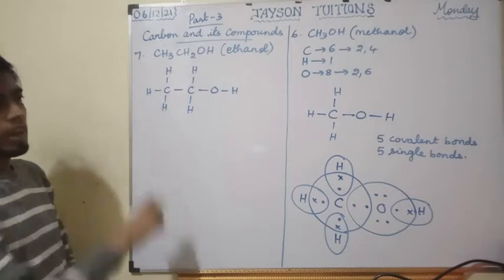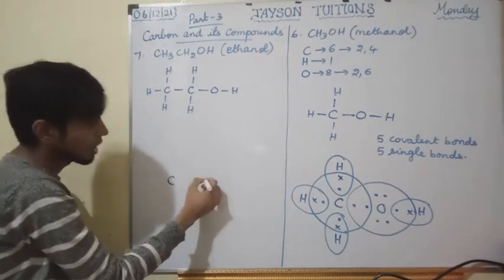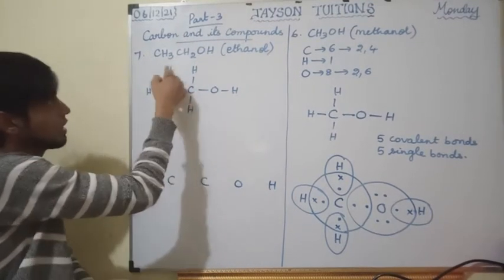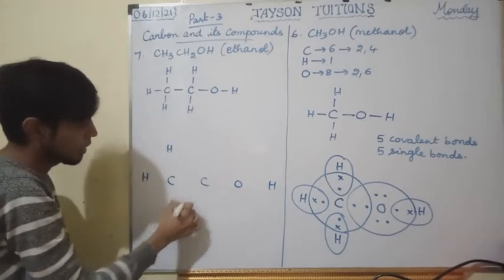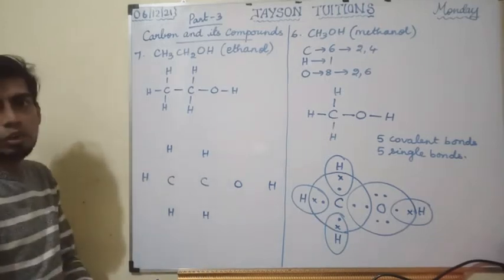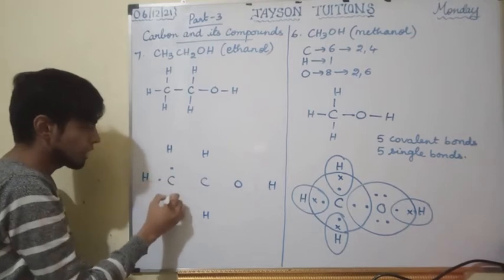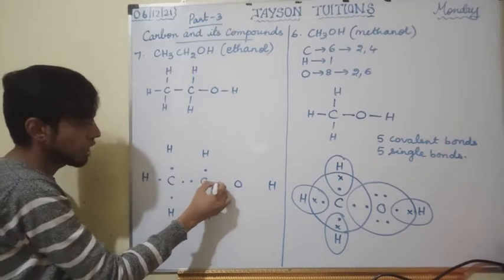So now we have to draw the electron dot structure. So carbon, carbon, oxygen, hydrogen. Here one hydrogen, this side one, and this side one. Here one hydrogen and here one hydrogen. Now we have to keep the dots and start circling. For carbon you have to keep 4 dots. For this carbon also 4 dots.